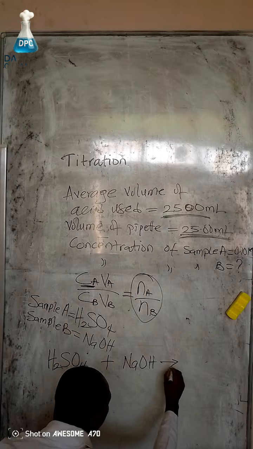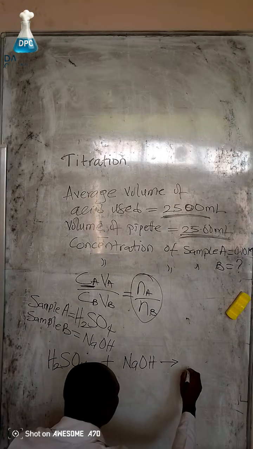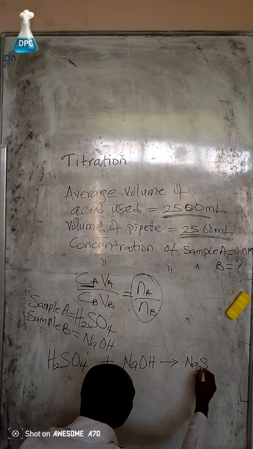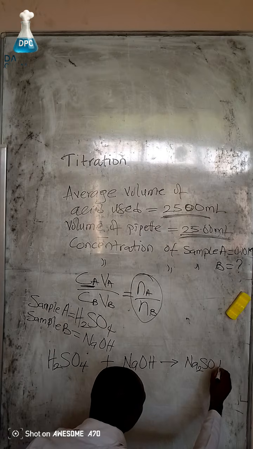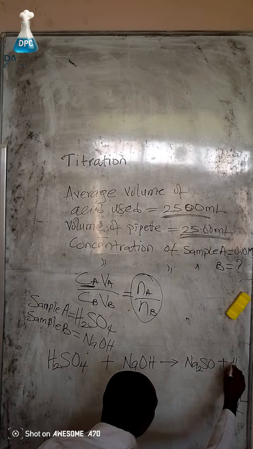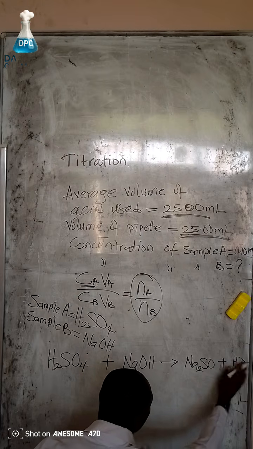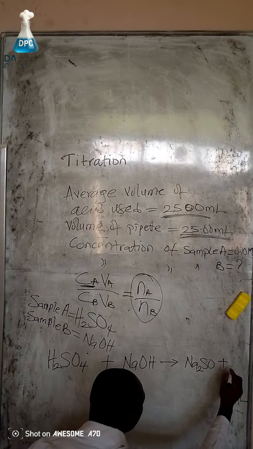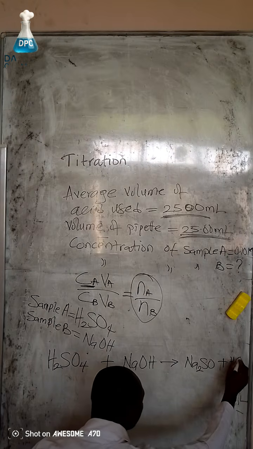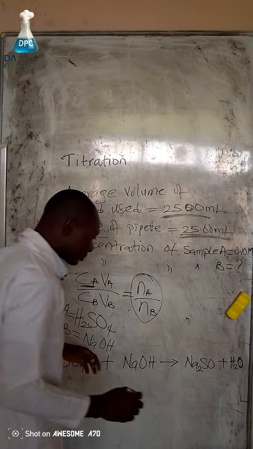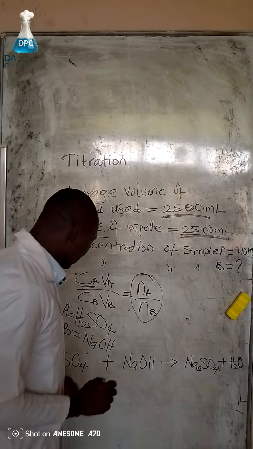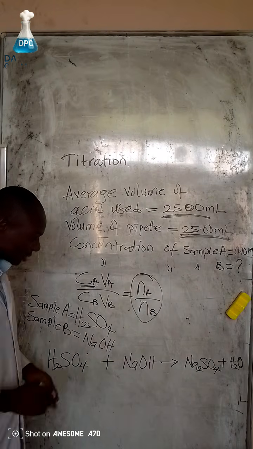It produces Na2SO4 plus water. Now, this is the chemical equation.